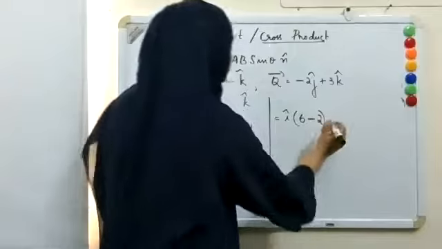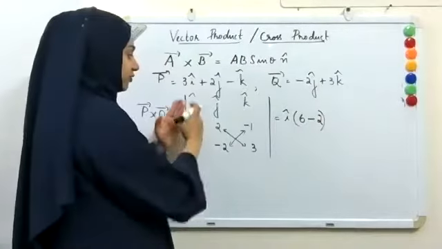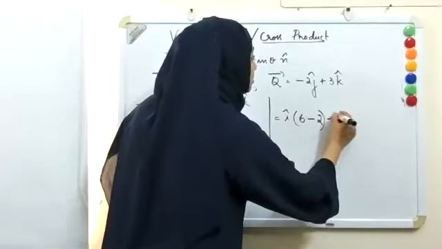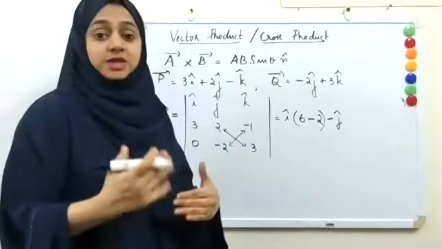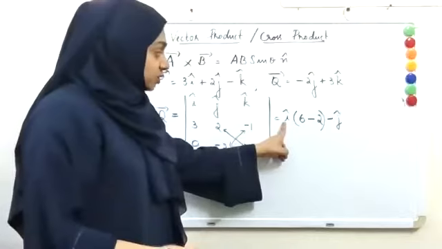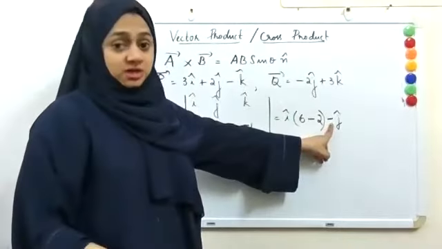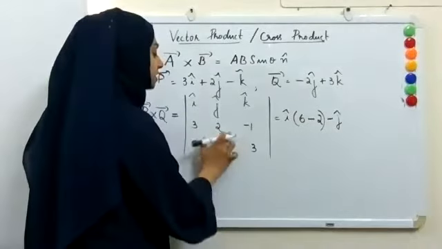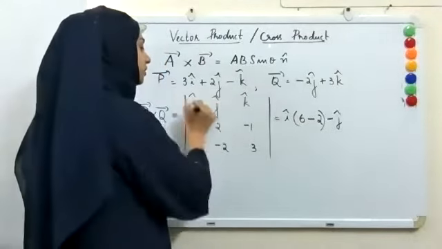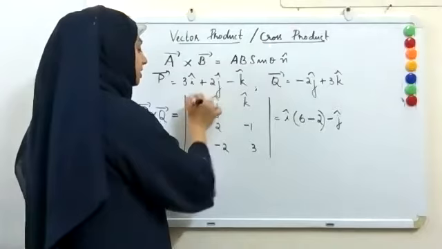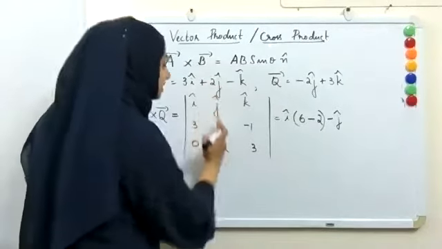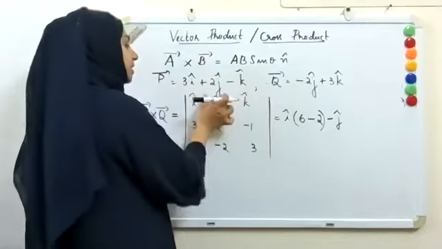Now, when you go to the next term, you have to start with a minus, because you have to take alternate plus and minus. First we took plus, so next we take minus. So minus j. Now you are neglecting the first row and the second column, the row and column containing j.